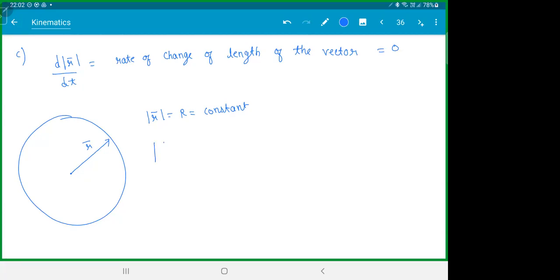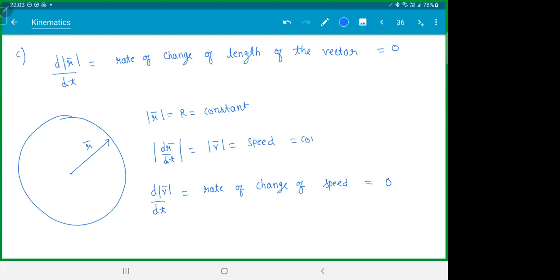What about the next part? So what is mod of dr by dt? This is speed actually. So magnitude of velocity, this is speed. Are you getting the difference? Both are not one and the same. Similarly, what is d mod v by dt? This is a rate of change of speed. This is not acceleration. How much is this? This is 0. Why? Speed is not changing.